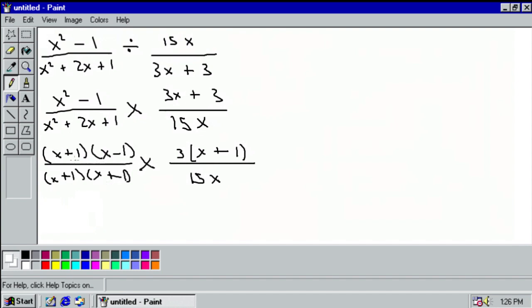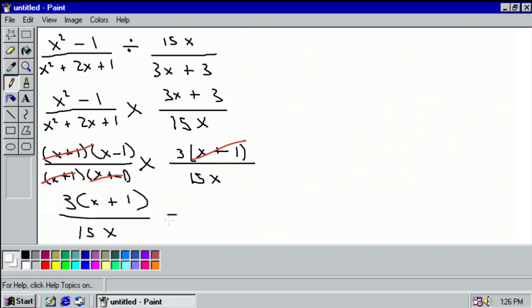Now we can remove that and that. We can also remove this one and this one. What we have left is 3 times x plus 1 on the right side, and x plus 1 over 15x.